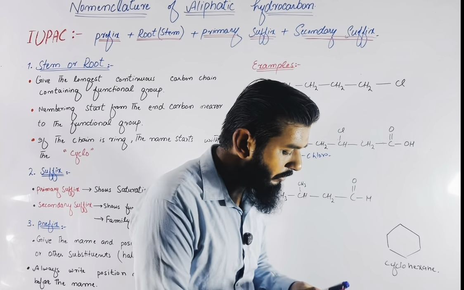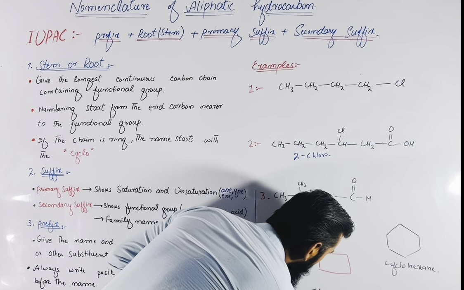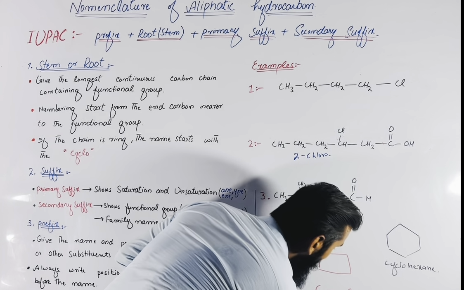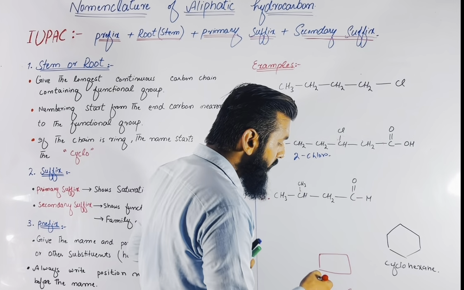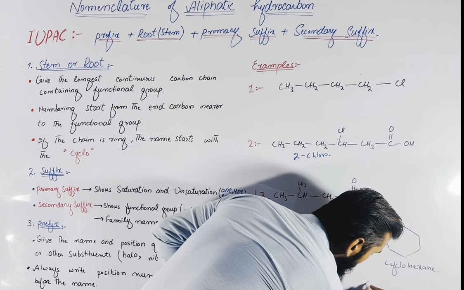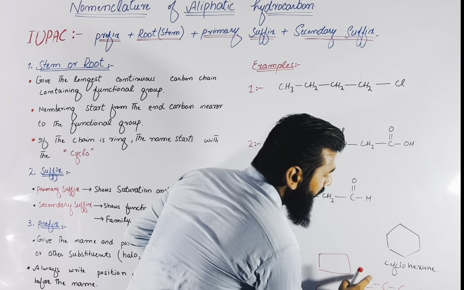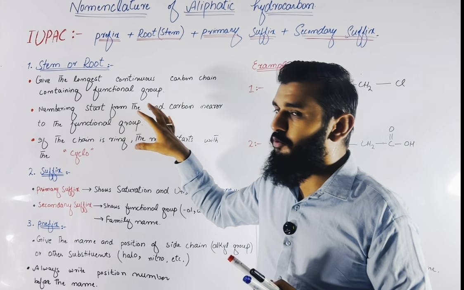Such as I'll show you: one carbon, second carbon, third and fourth carbon. There are no terminal carbons in the ring. But if we talk about an open chain, then there will be 1, 2, 3, 4. There are 2 terminal carbons in the open chain. This is about stem or root.